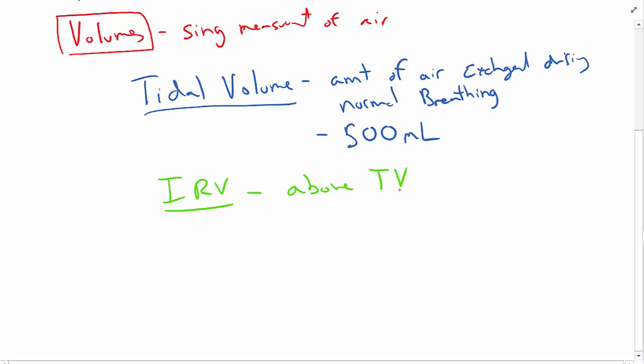And the next volume is expiratory reserve volume. So this is the amount of air that you can exhale below tidal volume.